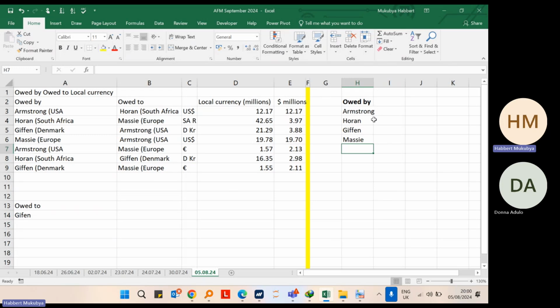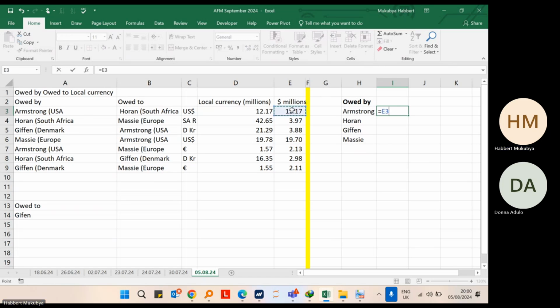Those are the ones that are owed by. If I'm trying to determine the total for Armstrong, Armstrong appears here and it also appears here. So Armstrong is owing $14.3 million.